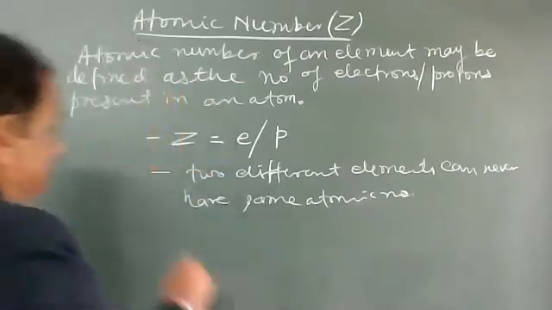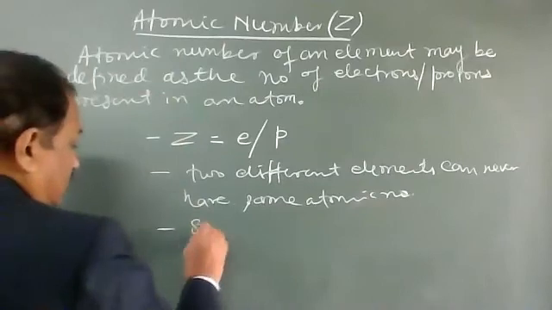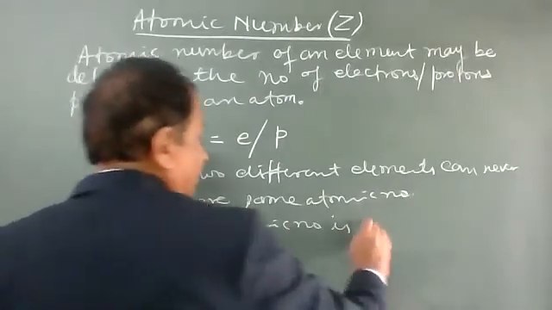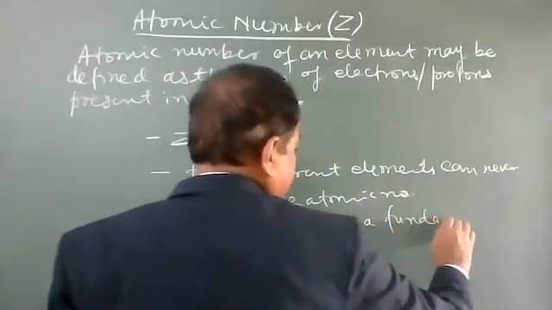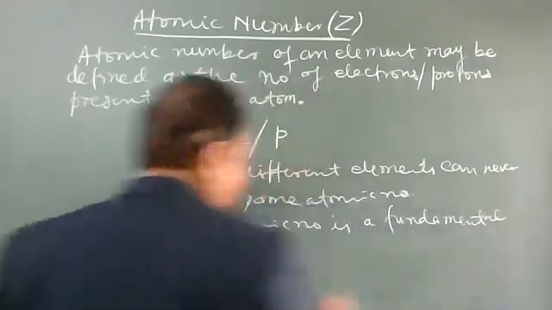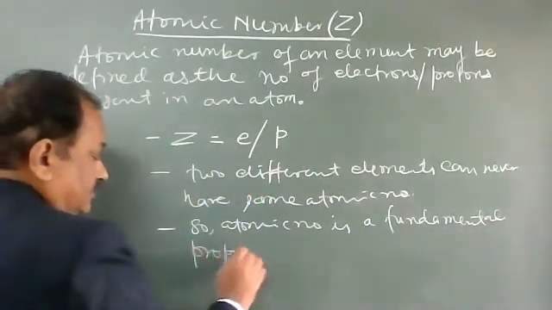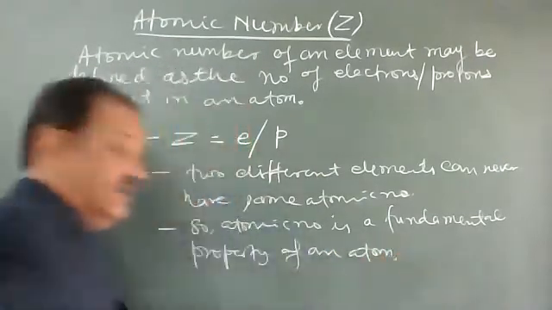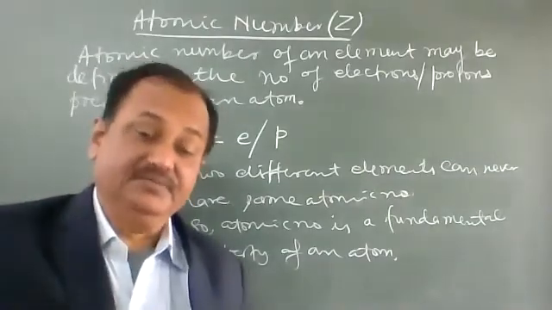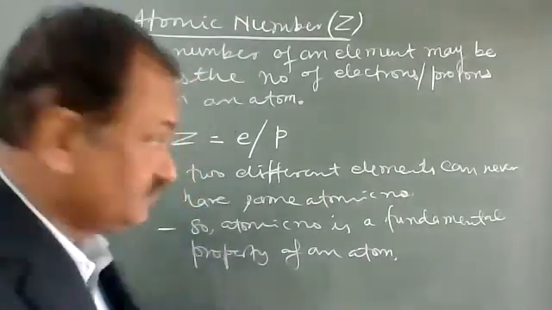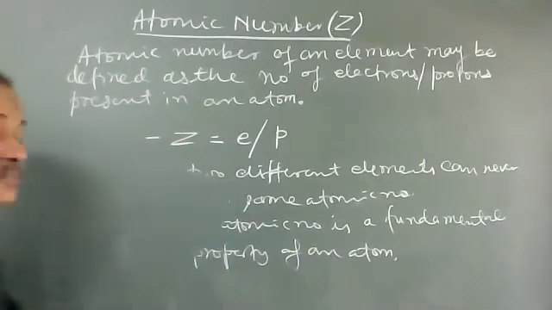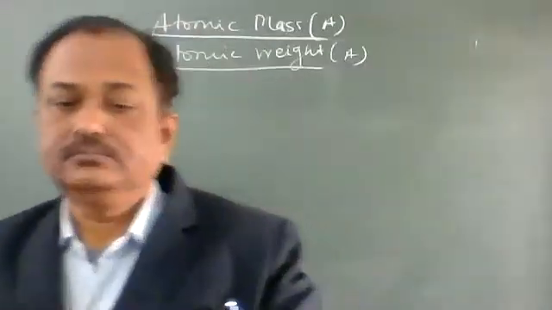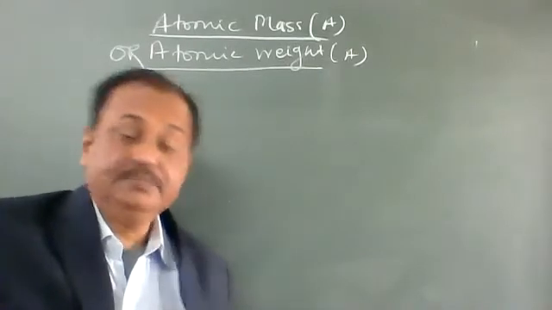So atomic number is a fundamental property of an atom. This is about the atomic number as a whole. I am going to explain this very important part.